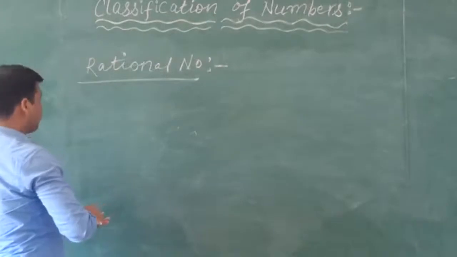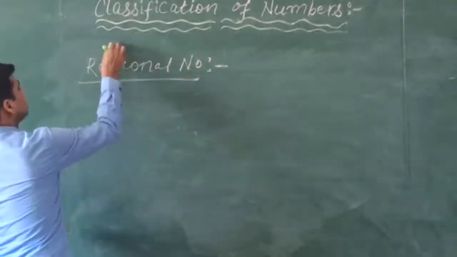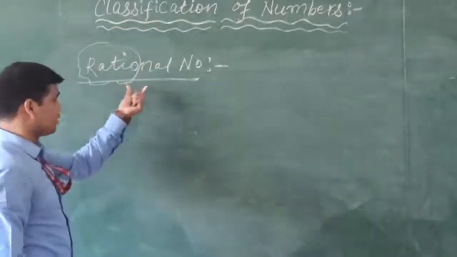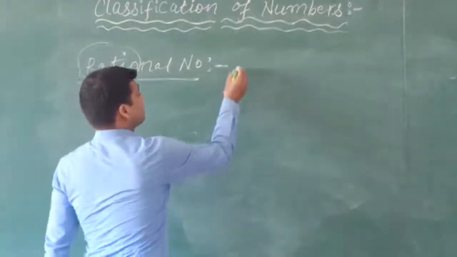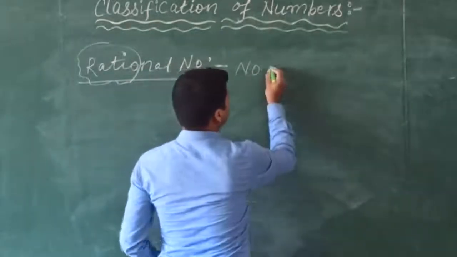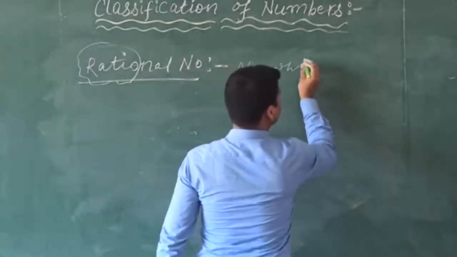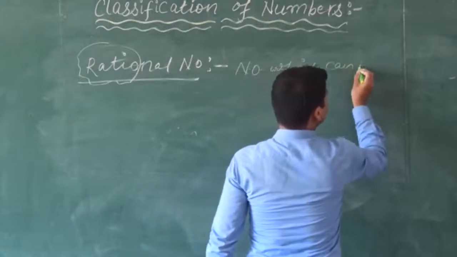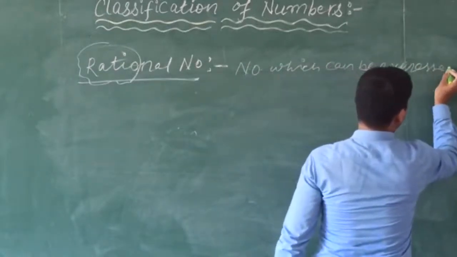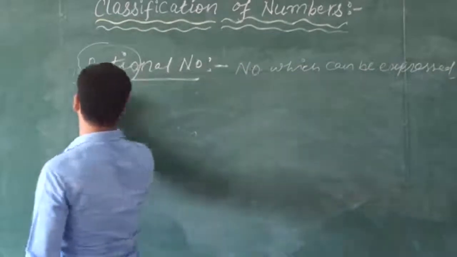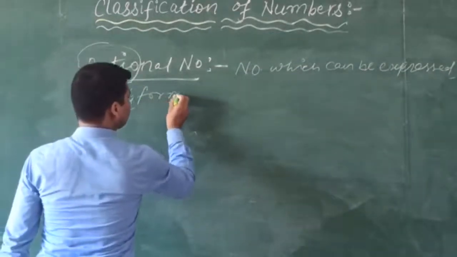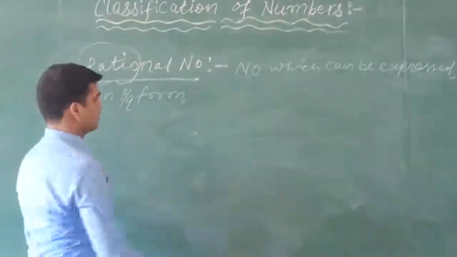What is the meaning of a rational number? A number which can be expressed in P by Q form is called a rational number.